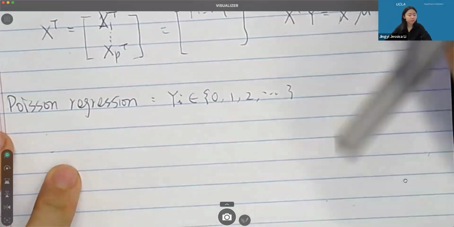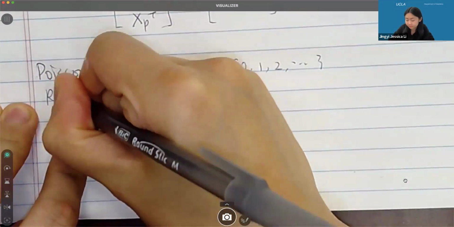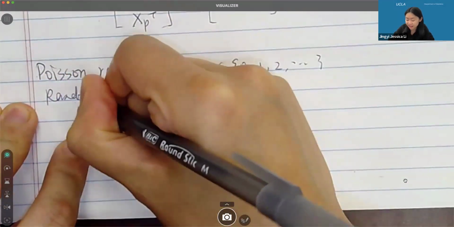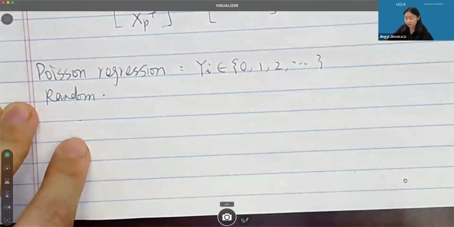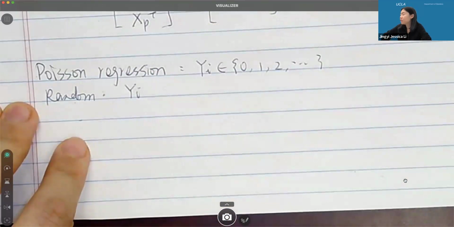Again, the random structure, as the name says, is the Poisson distribution. For such non-negative counts, the most simple or intuitive distribution to assume is the Poisson distribution.